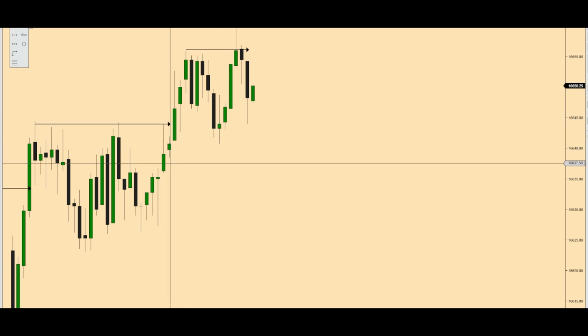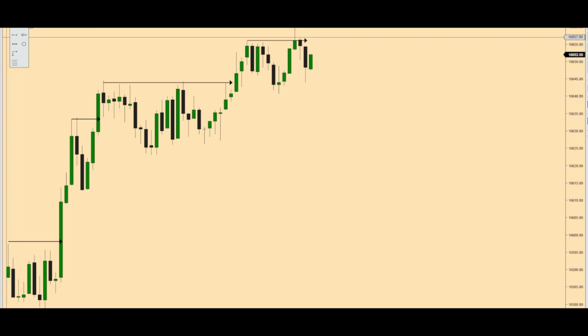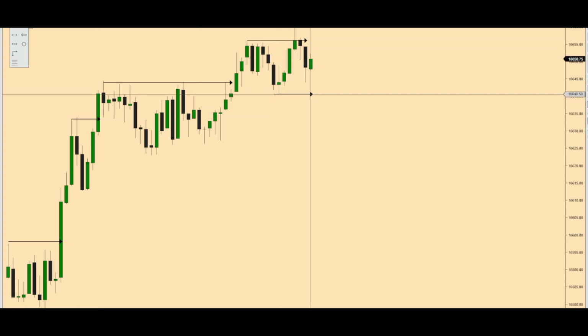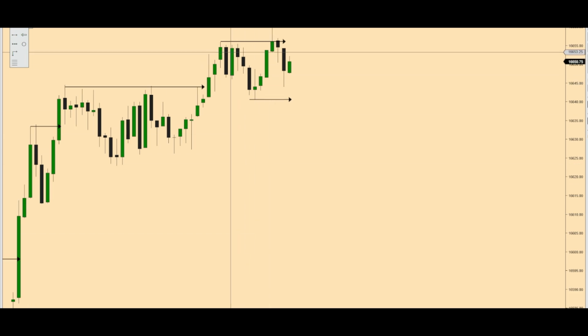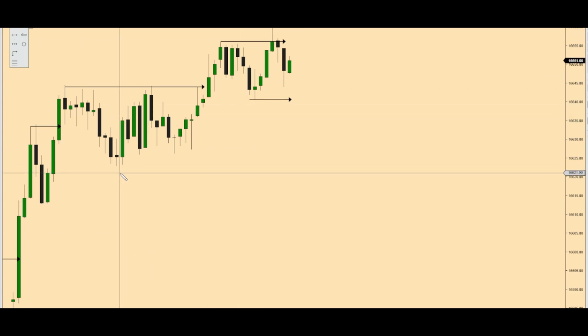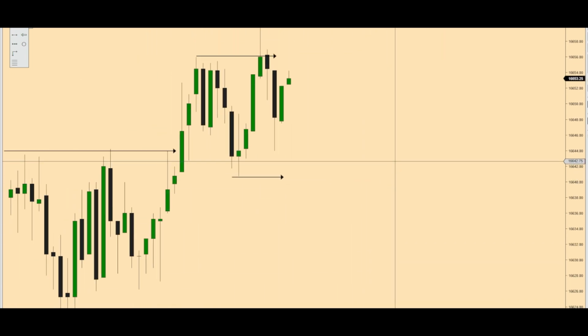So we came back, tapped in here, potentially sweep this and continue long. Otherwise, this low is our protected low.